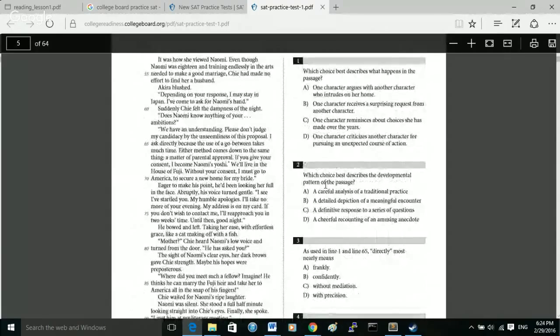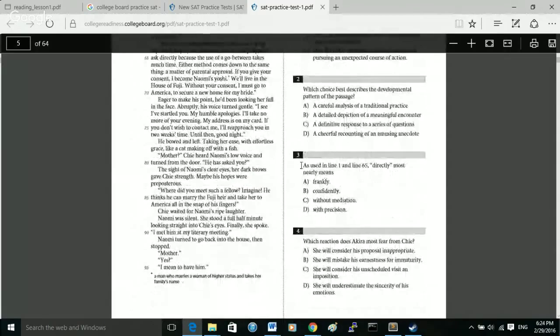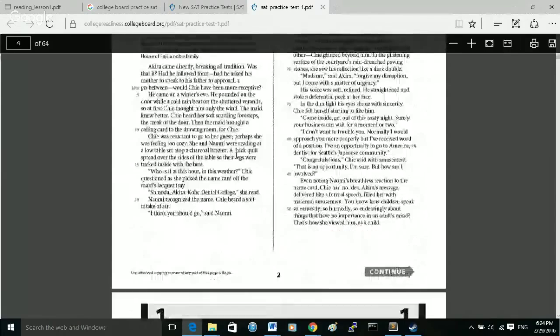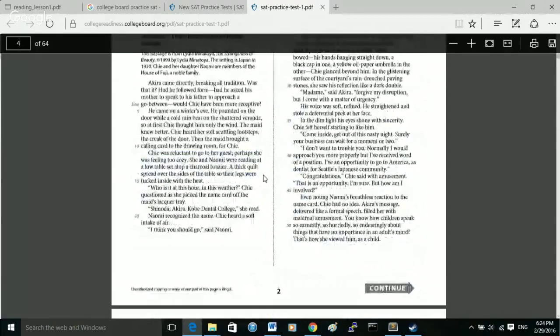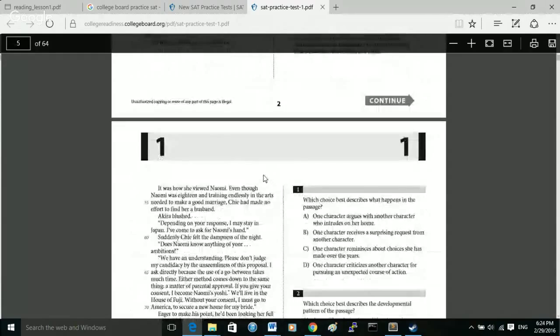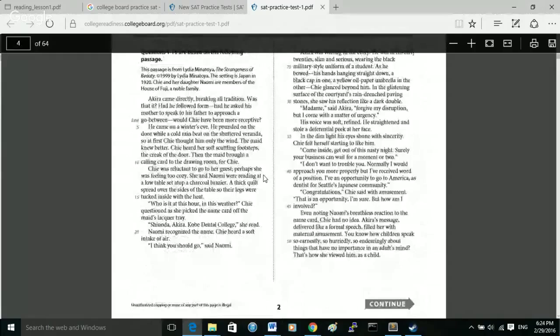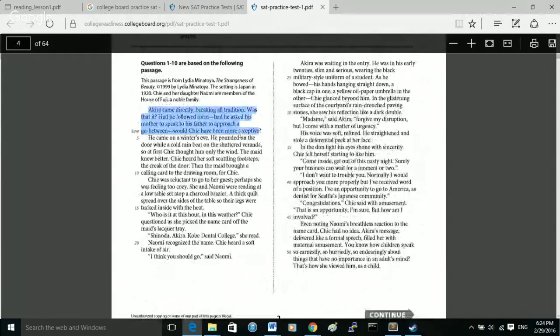But the point of this strategy is that while we're answering these questions, we actually read bits and pieces of the passage, so we get a pretty good idea of what the passage is talking about. So we can read the rest of the passage quite fast. But I'll just go ahead and read it.